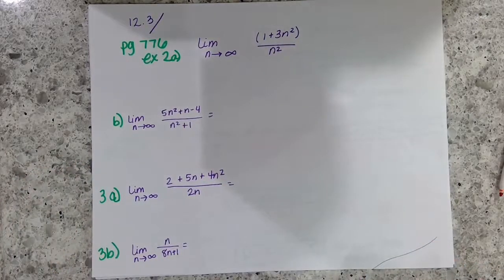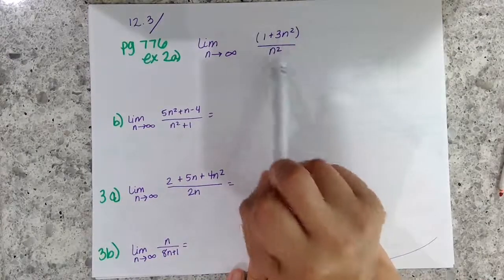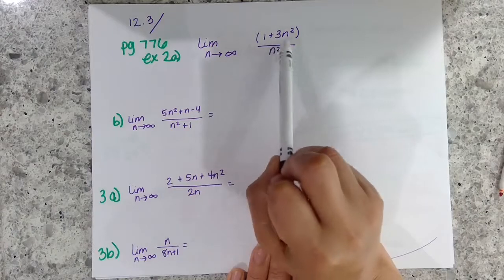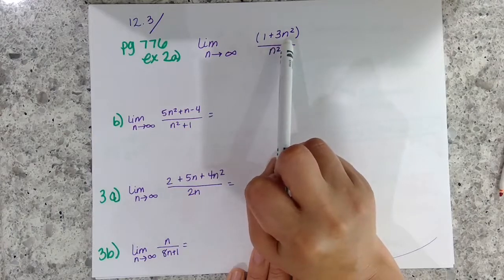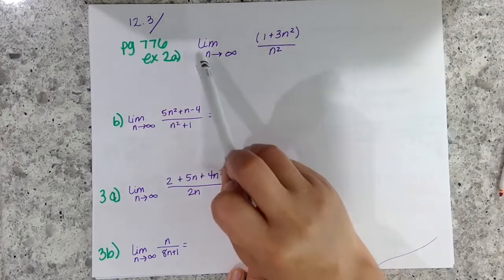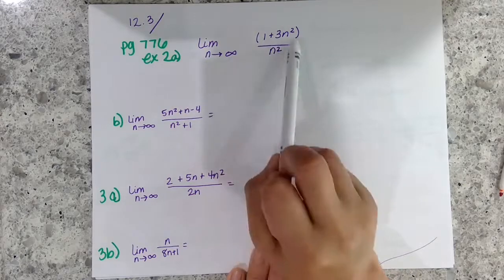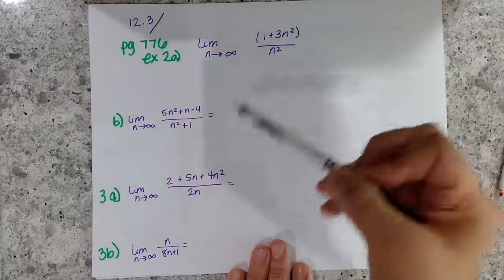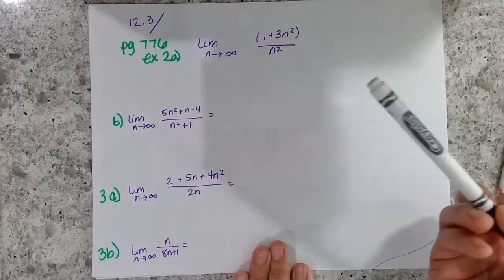Okay. So the first part says, given this equation, tell me what the answer is going to be if n gets really, really big, as n goes to infinity. So the limit as n goes to infinity of this problem. There's a right way to do this, but I'm going to just have you guys think about it.